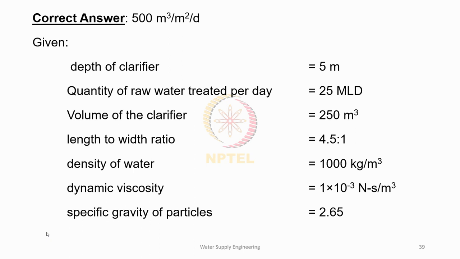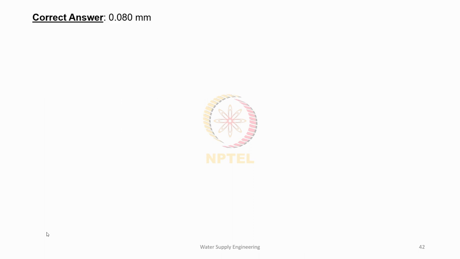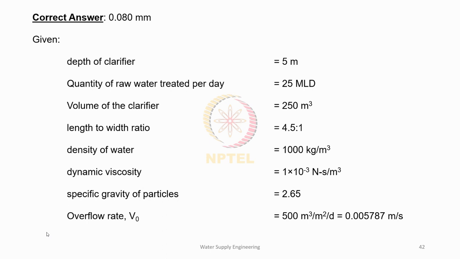Okay, let's see how to solve this. So the correct answer is 0.080 mm. We are given the same details as in the previous question, that is a 5-meter deep clarifier with 25 MLD water being treated every day, and the volume of clarifier is 250 meter cube with length to width ratio of 4.5 is to 1.